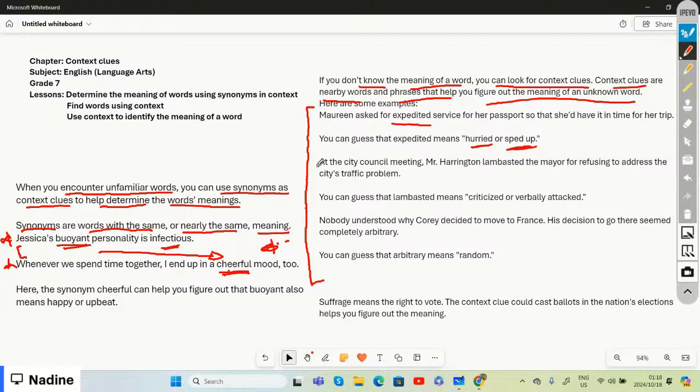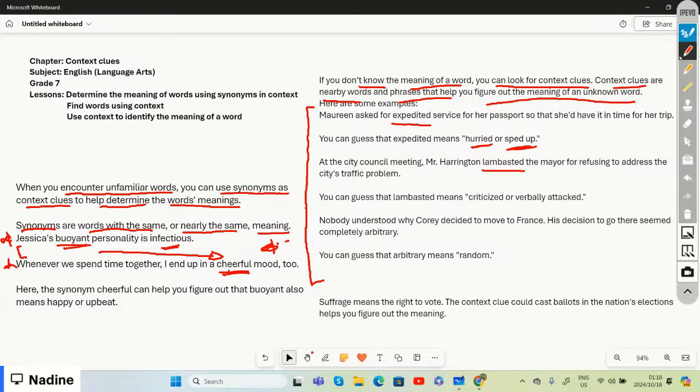If you look at the next one, it says at the city council meeting, Mr. Harrington lambasted the mayor for refusing to address the city's traffic problem. And that word lambasted, right?